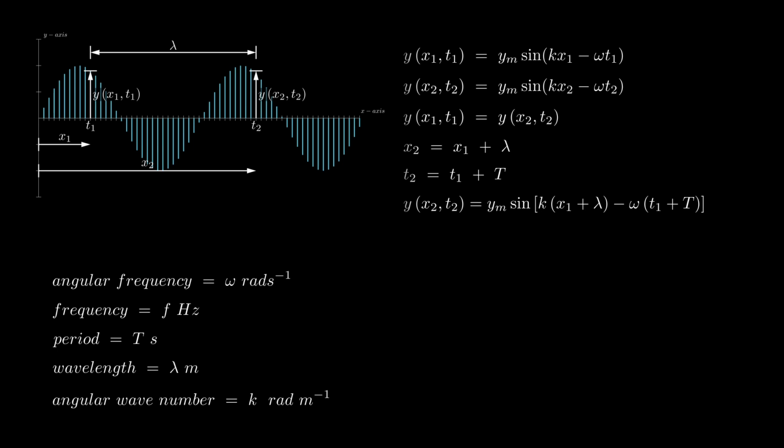Since the displacement at both instances is identical, we can equate the two wave expressions, resulting in the following expression. Further simplification of the expression leads us to this formula for the angular wave number k.